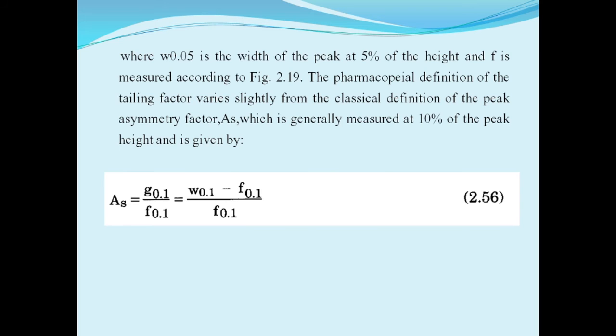The asymmetry factor is generally measured at 10% of the peak height and is given by capital AS equal to g 0.1 upon f 0.1, equal to w 0.1 minus f 0.1 upon f 0.1. This is equation 2.56.